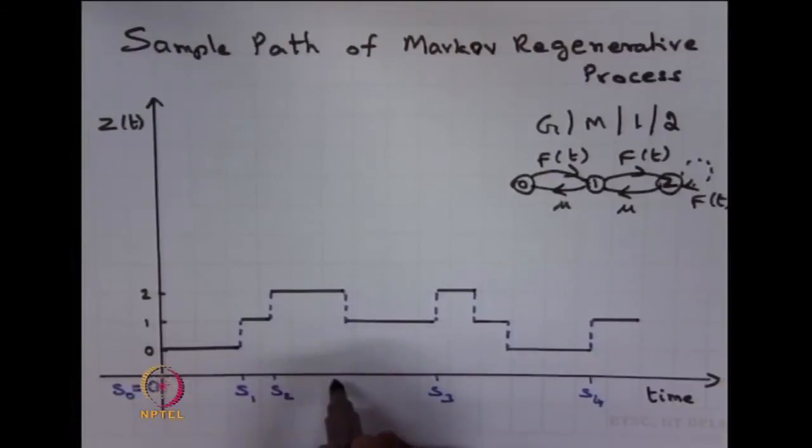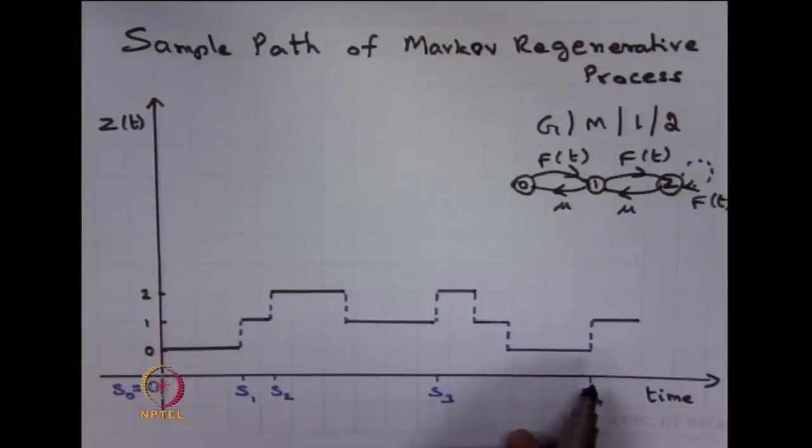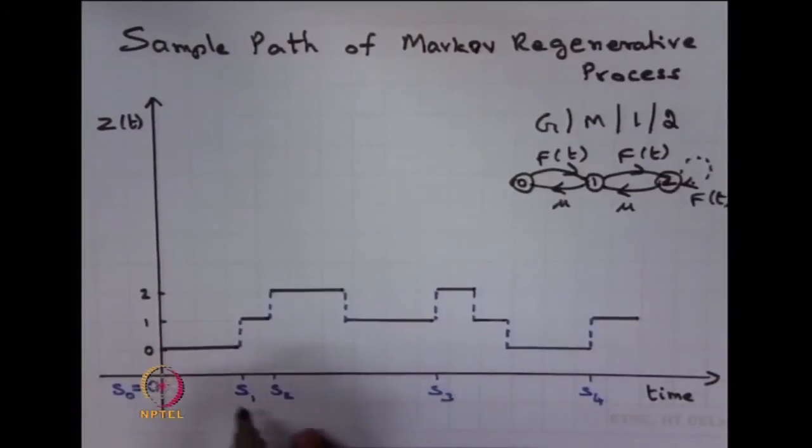Therefore, at the service completion time epochs, the memoryless property won't be satisfied. Whereas, at the time instances S1, S2, S3, S4 and so on, these are all the time points in which the arrival occurs. At those time points, the memoryless property is satisfied.